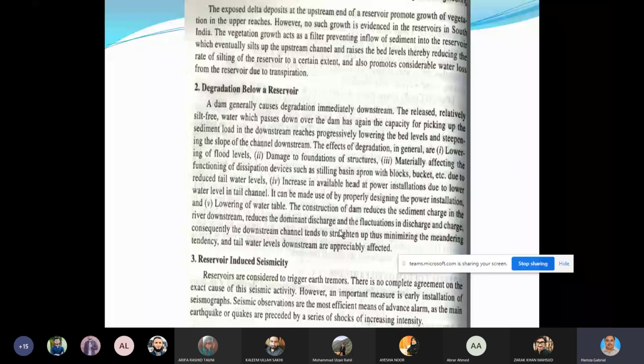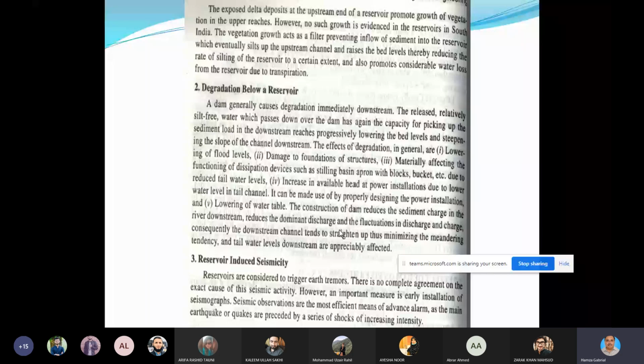So at the downstream side, this silt-free water or clear water will start eroding, and mostly the effects of this degradation will be the lowering of flood levels, damage to foundational structures, and materially affecting the functioning of dissipation devices such as stilling basins, apron with blocks, bucket, etc., due to reduced tailwater levels.